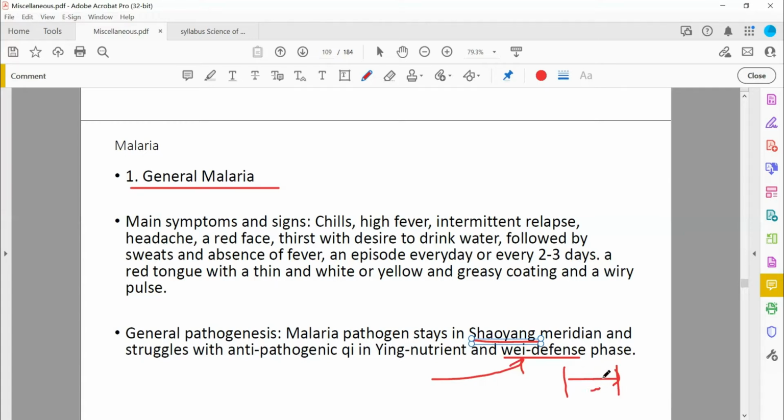And if the healthy qi is strong, it tries to repel it out of the skin, right? And it will fight with the wei qi again. The fighting is very intense. Then the patient will have a fever. So that's why there's chills and high fever. Chills first and then fever, so not chills and fever at the same time.